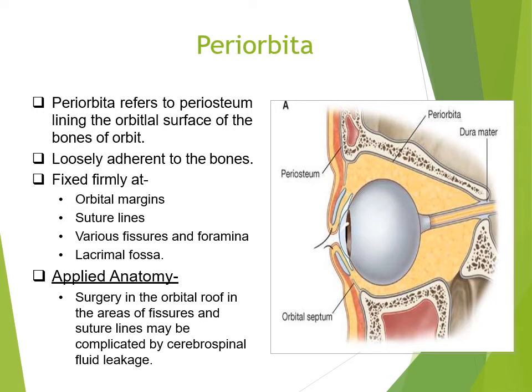Then coming to the surrounding, that is the periorbita. Periorbita is the periosteum, the layer which covers the bony part. It is firmly attached at the orbital margins, at the suture lines between the bones, at the fissures and foramina, and at the lacrimal fossa.